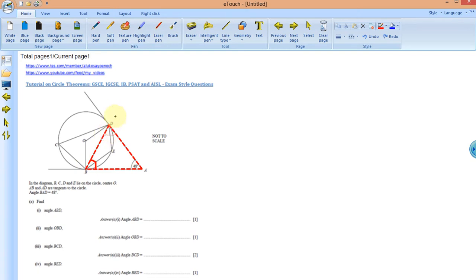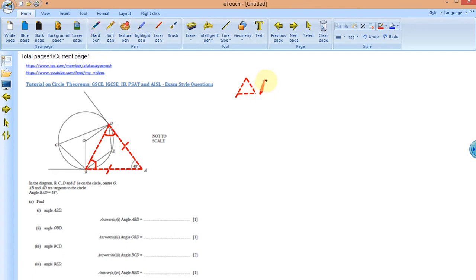Because AD and AB are tangents, side AD is equal to side AB, such that angle B is equal to angle D, isosceles base angles. Now consider triangle ABD.